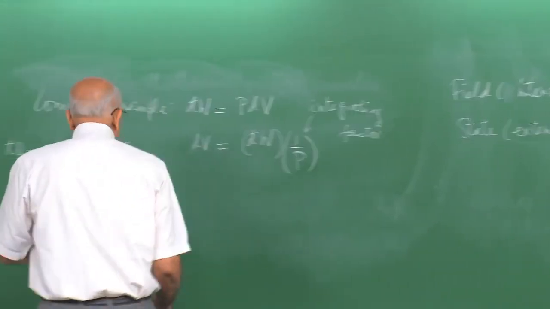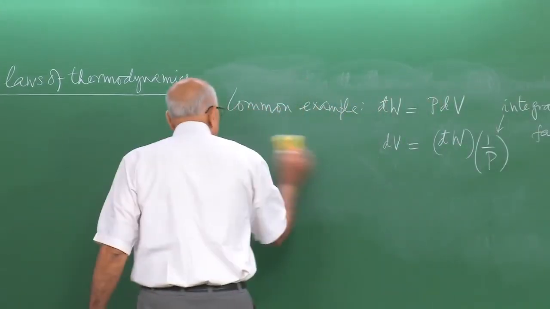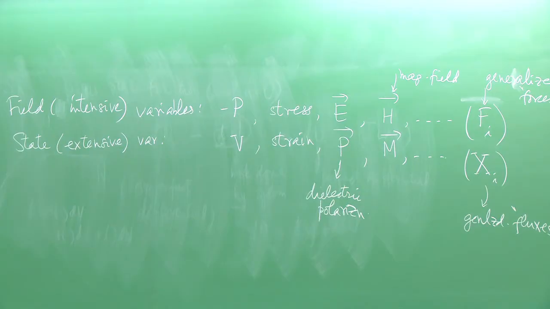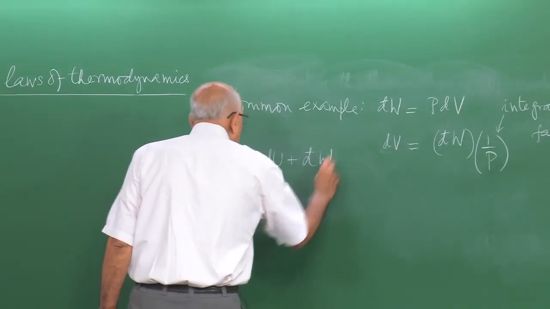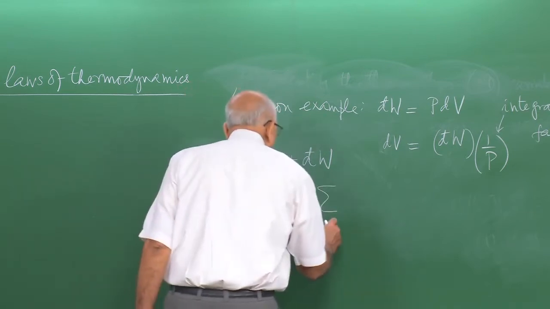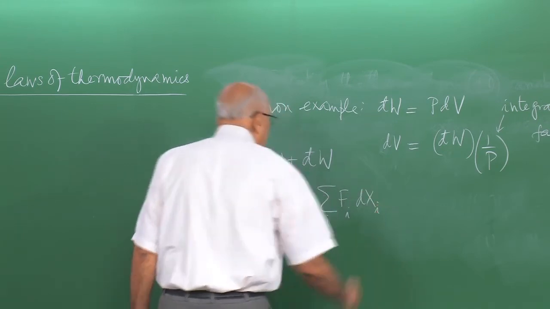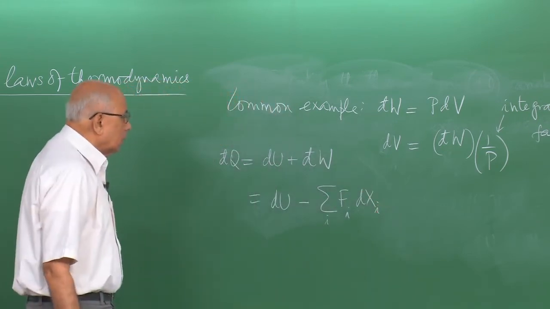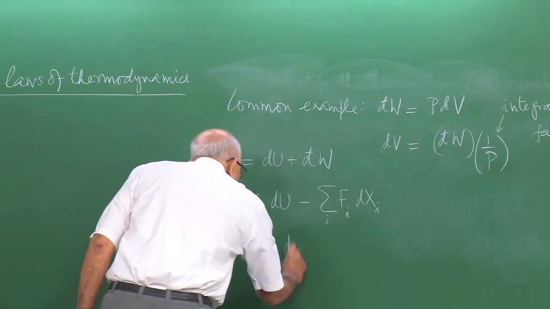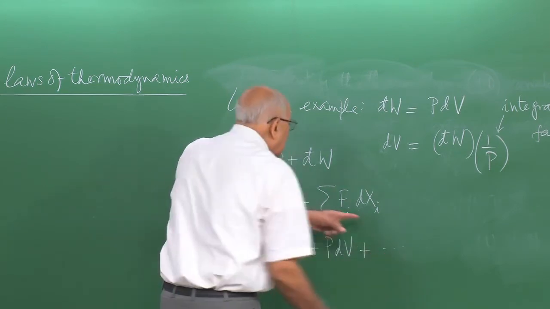Then the first law in its generality actually says dq equals du plus dw, which is equal to du minus summation over i of Fi dxi. And the first of these F's is minus P, so this thing becomes equal to du plus P dV plus various other terms of this kind.